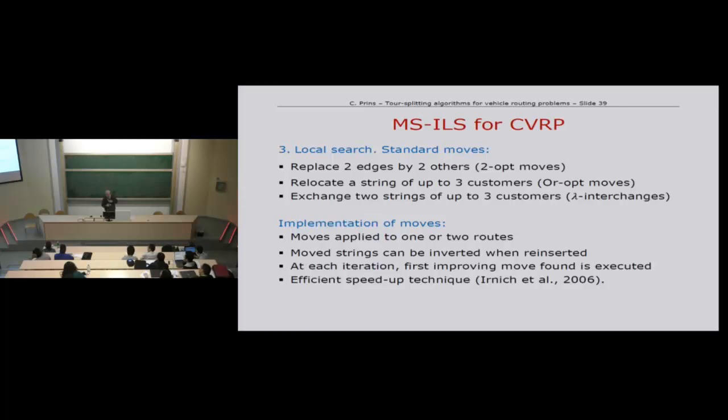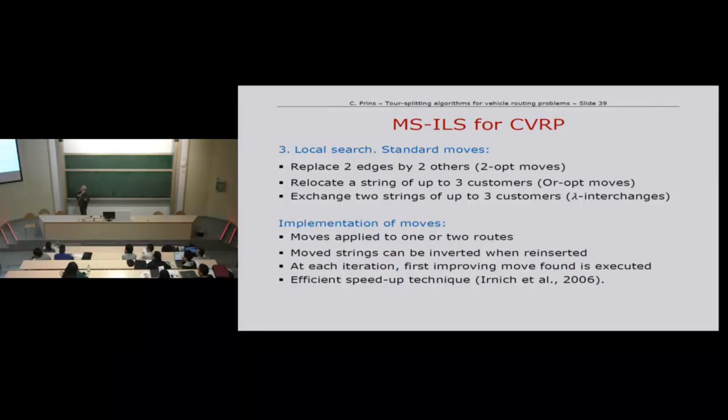The local search is quite standard. We use standard moves. We replace 2 edges by 2 others. We relocate a string of up to 3 customers. We exchange 2 strings of up to 3 customers. So these are classical moves. The moves can be applied to 1 or 2 routes.